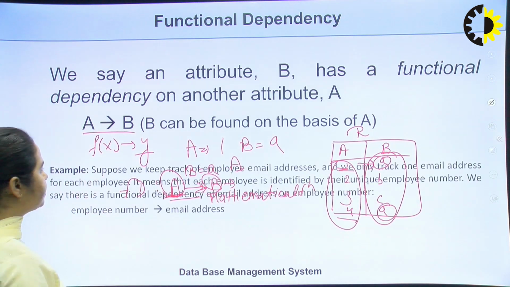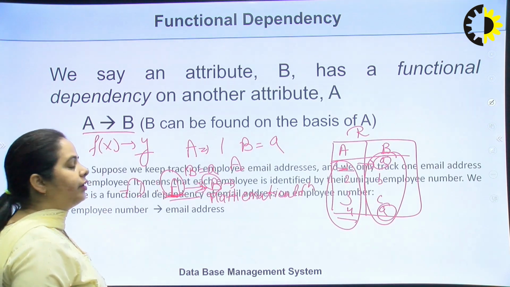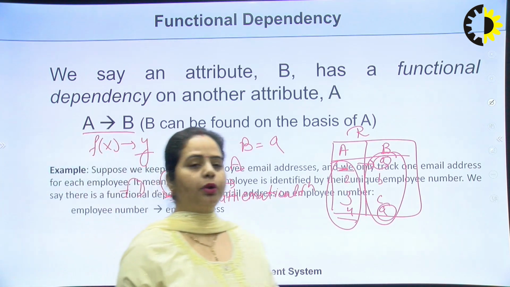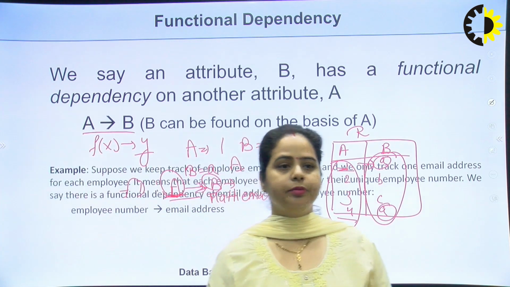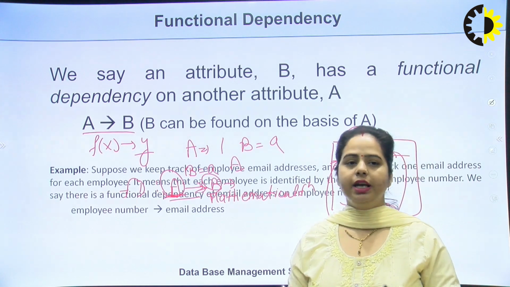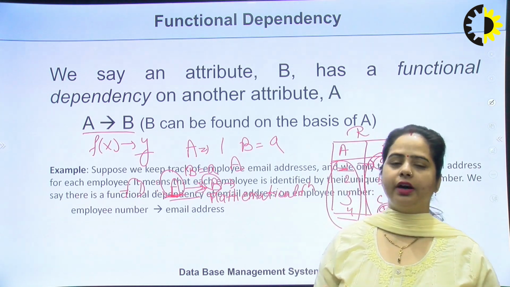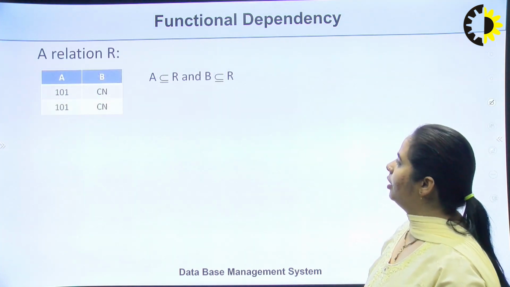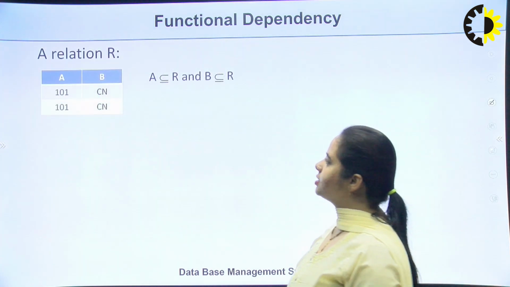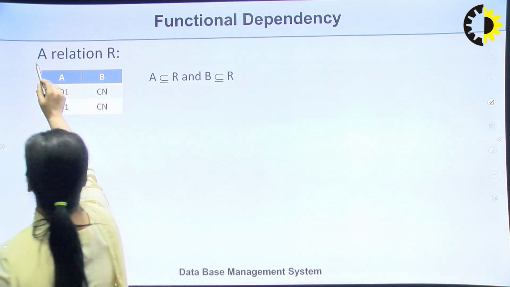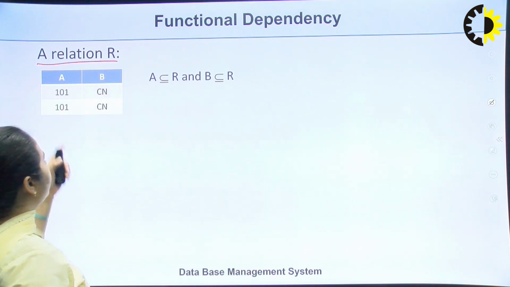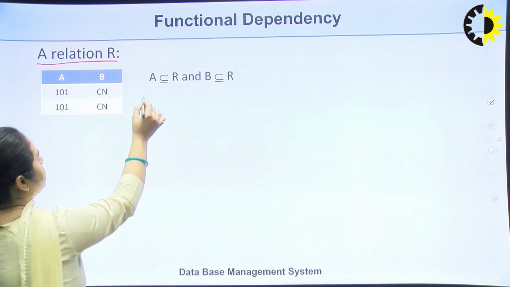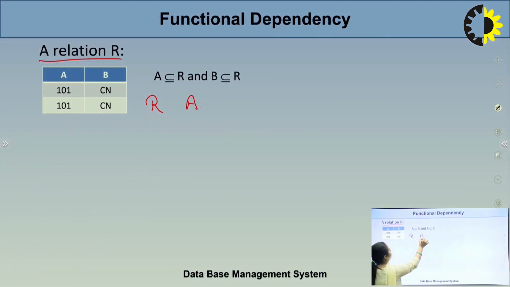Next, let's have an example. Suppose we have track of employees. We have employee address, email address, and employee number. So with the help of employee number, I can easily find out the email address of an employee. The next is suppose there is a relation R. R is the name of the relation. A and B are the attributes in our relation.